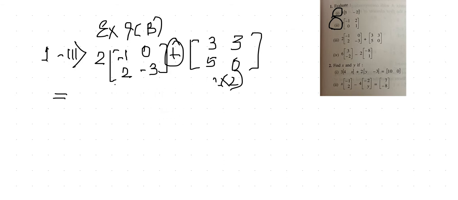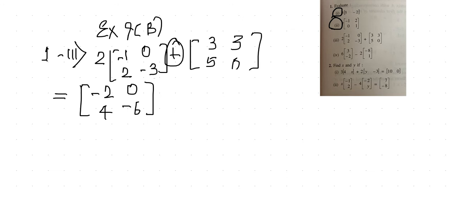Okay, so now you will be writing like this, children: this is equal to minus 2, 4, 0 and minus 6 plus 3, 5 and 0. So this will be equal to what?